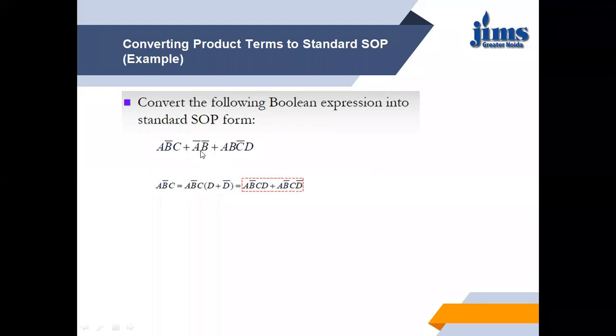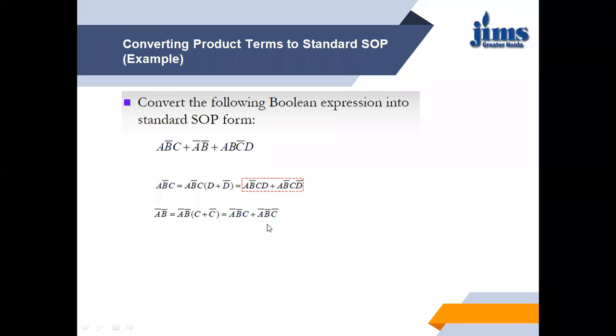Now let us see the second term, A bar B bar. A bar B bar has two missing variables, so we have to multiply it by two terms. First I multiply by C and C bar because C is missing. So I get A bar B bar C or A bar B bar C bar.